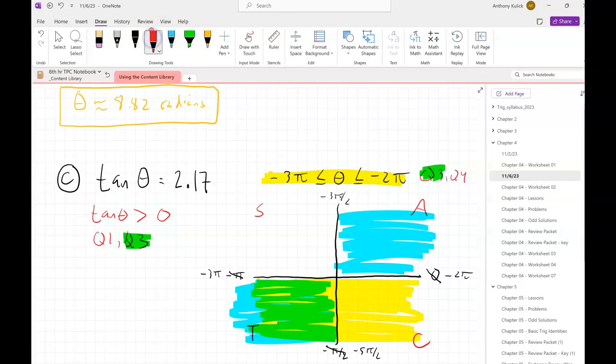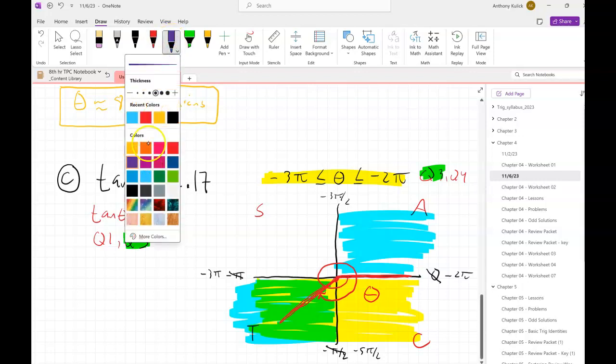Okay, so let's draw our angle. Again, we're going backwards, so we're going clockwise. There's negative 2 pi. Keep going. So there's my angle theta. Everybody's okay there? Let's draw our alpha now.